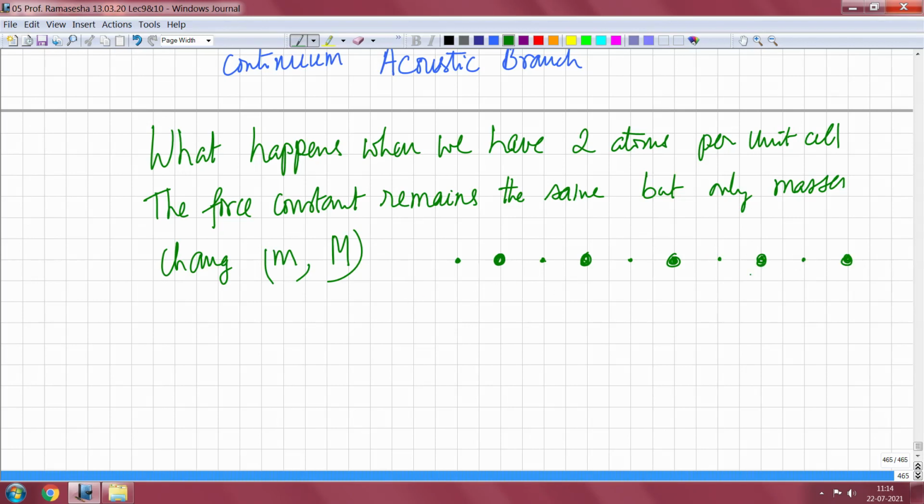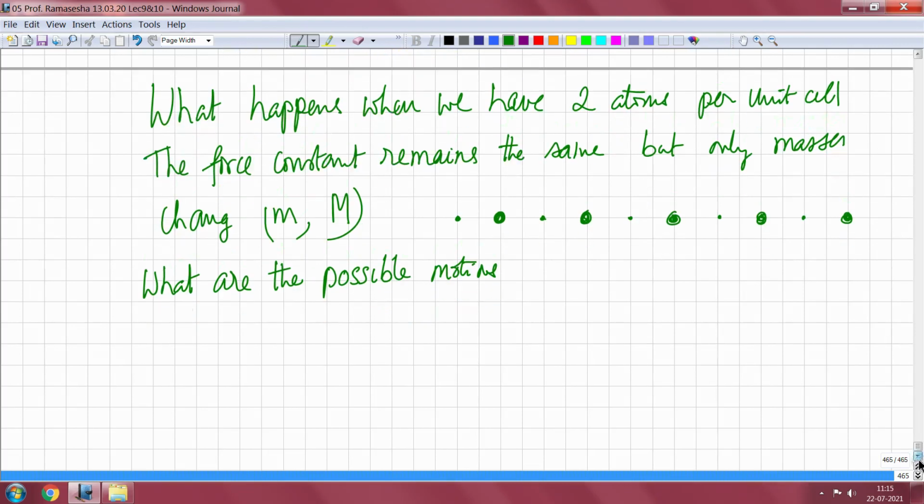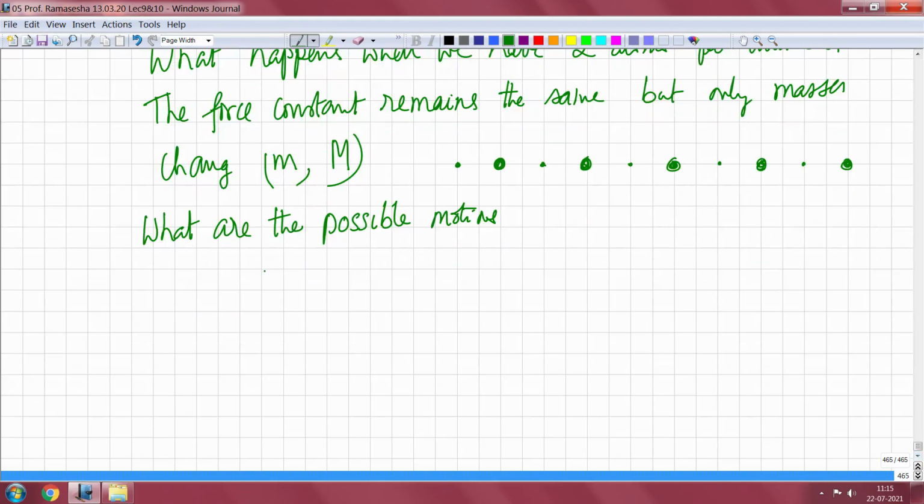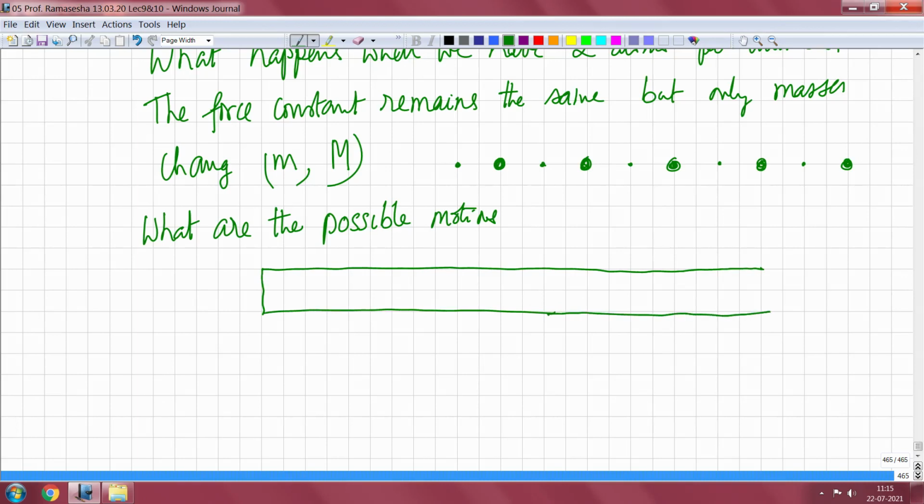So what are the kinds of motions that we can think of? Let me draw the unit cells as before. So I have a small mass, a big mass, a small mass, a big mass.